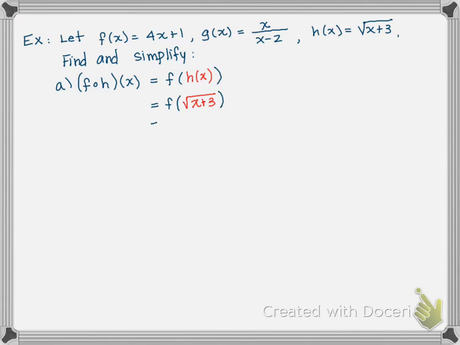And f tells me to take my input, multiply it by 4, and then add 1. So f of the square root of x plus 3 is going to be 4 times the square root of x plus 3, plus 1. We can think of this as a substitution.